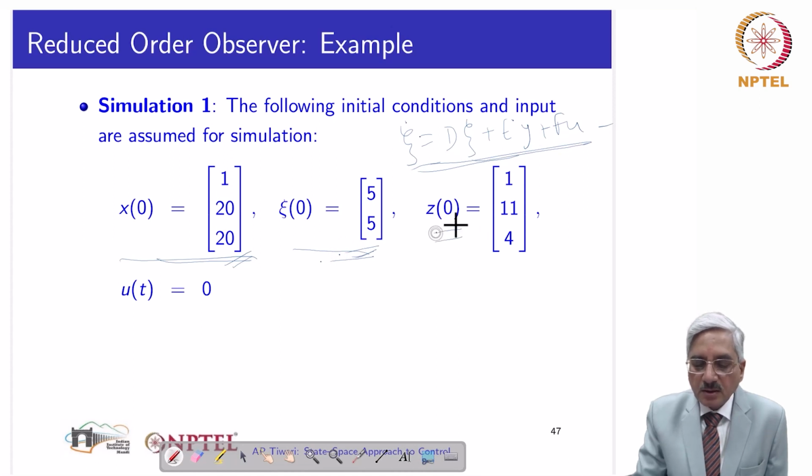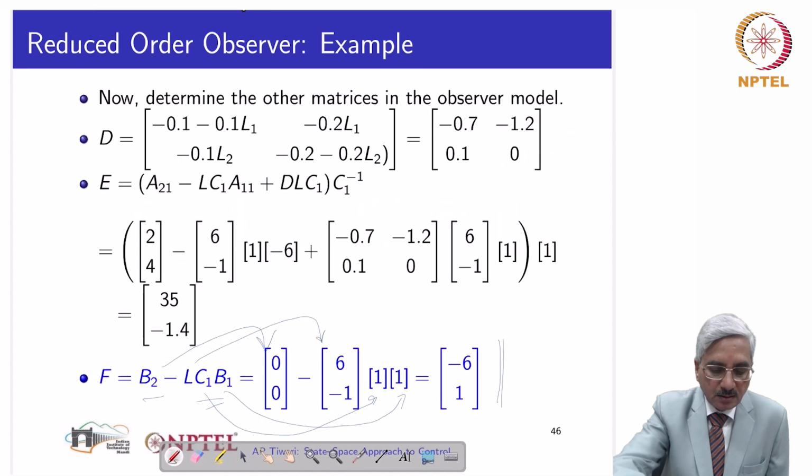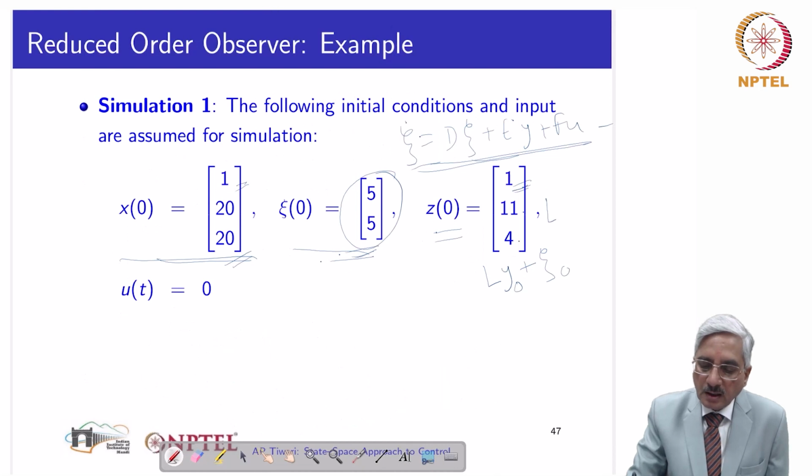And correspondingly the z0, because z1 is same as x1, so z10, z20 and z30 are evaluated from this one, L y plus xi. Xi 0 is 5, 5. L we evaluated as 6 and minus 1.